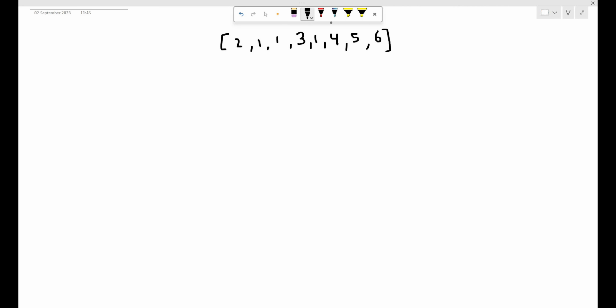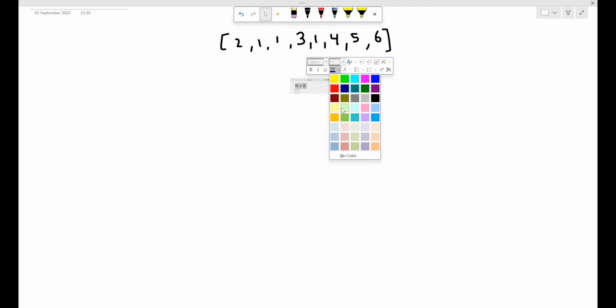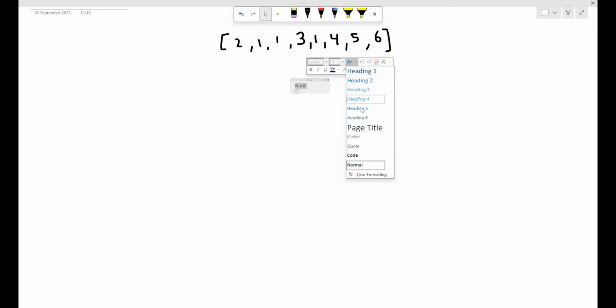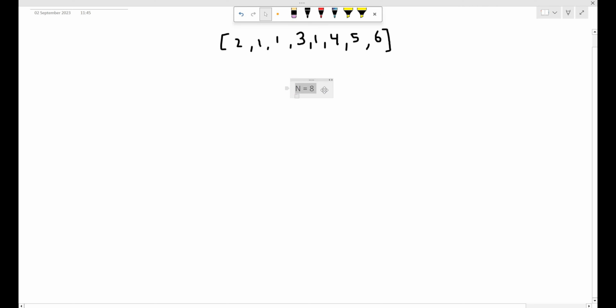Now let's see the maximum number of elements which are possible if we are looking for n by 3. Okay, so just try to understand this. Let's say I have n equal to 8, right?